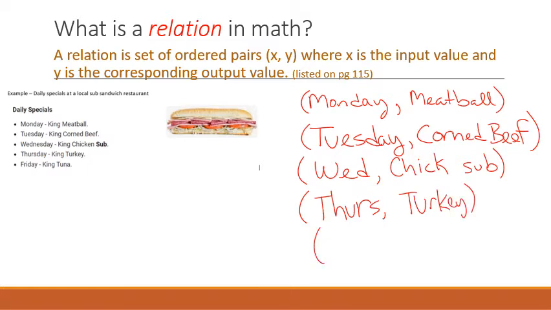And then finally, Friday's the input. The output is the king tuna. So the relation is just the thing that assigns an output to a given input. On Monday, the output is meatballs. On Tuesday, corned beef. On Wednesday, chicken sub, and so on.